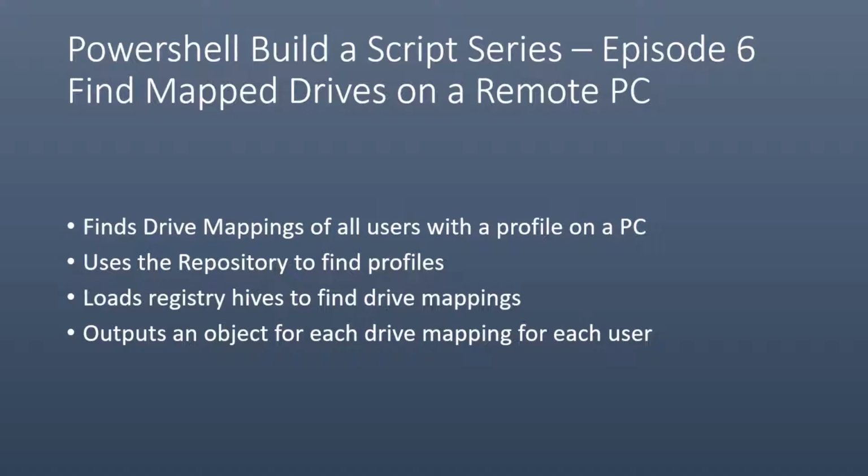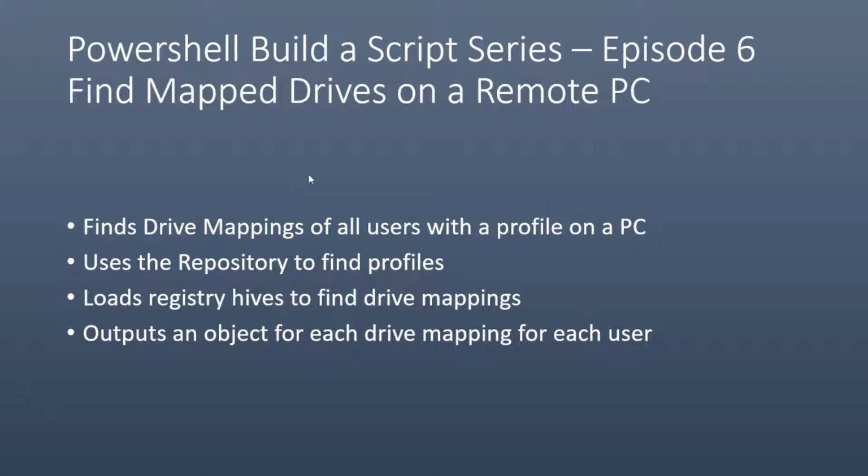So we're going to treat the script I'm going to build like a commandlet, as in a get commandlet, I guess I should say, in that it outputs objects to PowerShell's pipeline. Ideally, I want an object for each drive mapping for each user. So if a user has 5 drive mappings, I'll have 5 objects being output. All right, so that's kind of the goal of what's going on here.